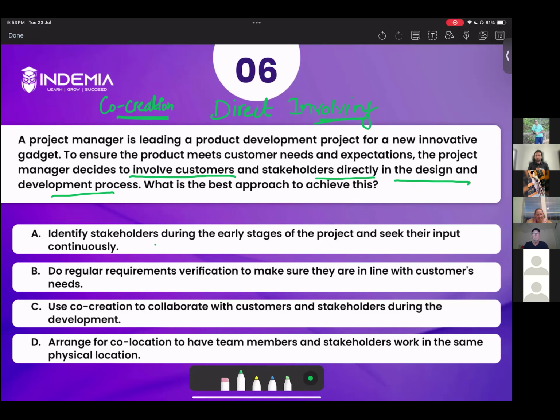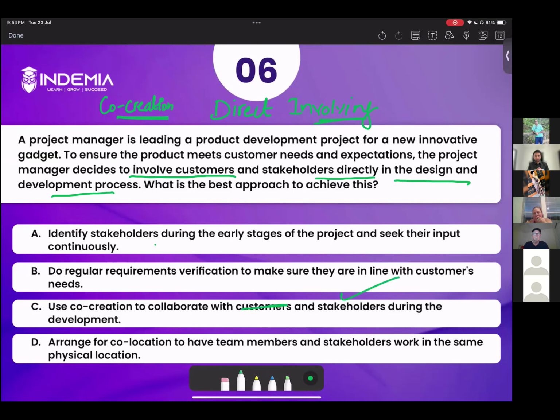So the only option that directly addresses the concern, which is direct involvement of stakeholder, is co-creation. So use co-creation to collaborate with customer and stakeholders. Okay. So correct answer is option C. And one comment to respond to the logic that since option C has both customers and stakeholders, that's why you have chosen option C. Even if customer is not written, stakeholders include customers.